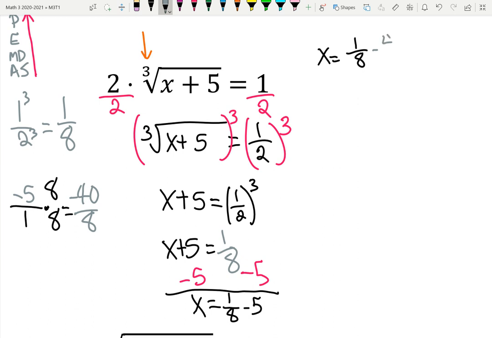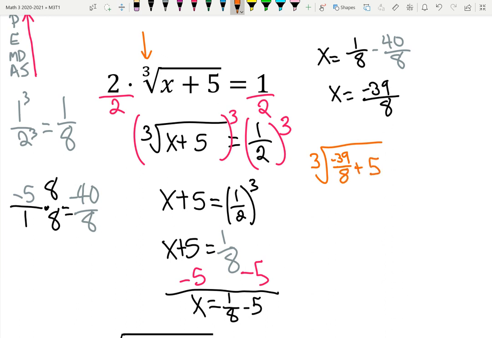Negative 5 is the same thing as negative 40 divided by 8, giving me my solution, negative 39/8. Let's make sure this is the right solution by substituting back into the original. I'm going to take 2 times the cube root of negative 39/8 plus 5, which is going to be equal to 1.